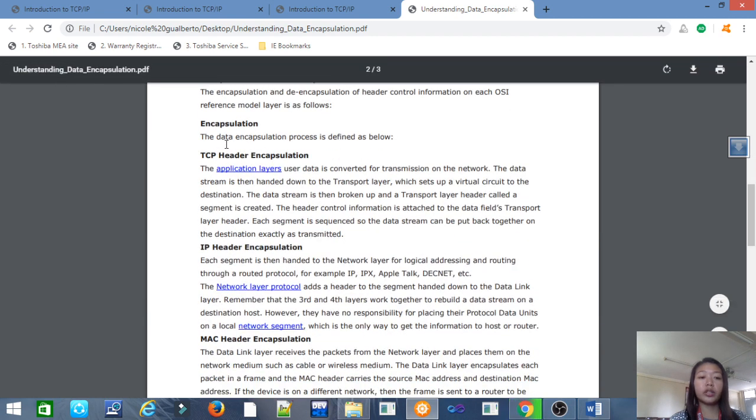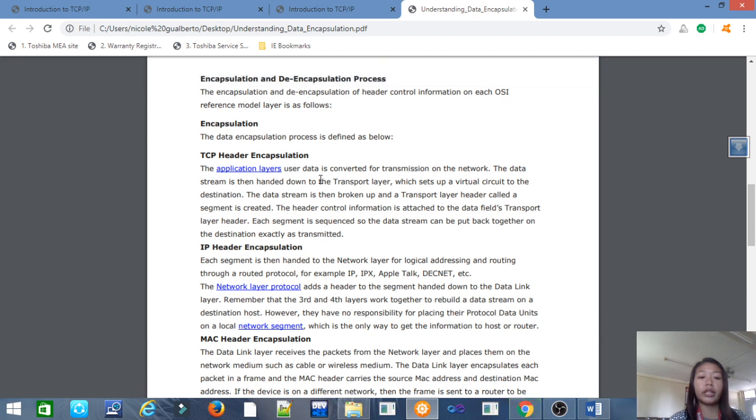For the encapsulation, the data encapsulation process is defined as below. We have the TCP header encapsulation. The application layer's user data is converted for transmission on the network. The data stream is then handed down to the transport layer, which sets up a virtual circuit to the destination.